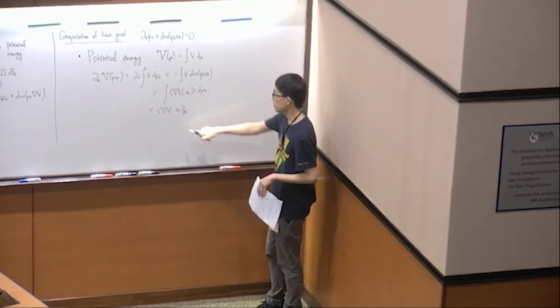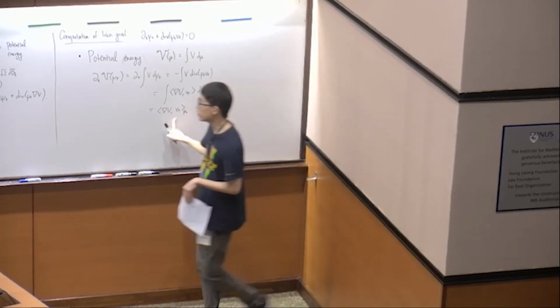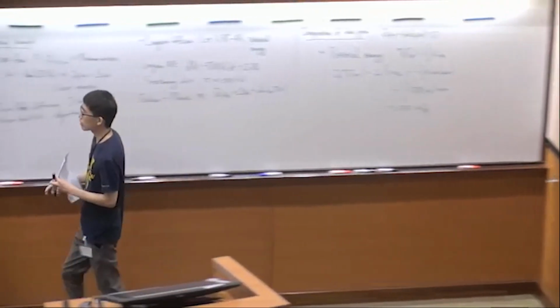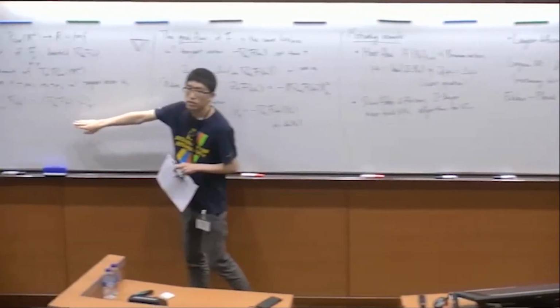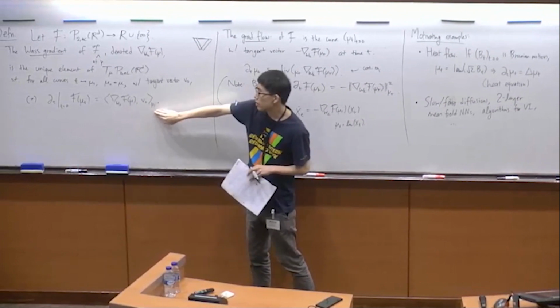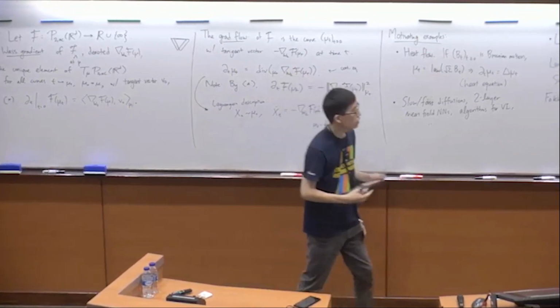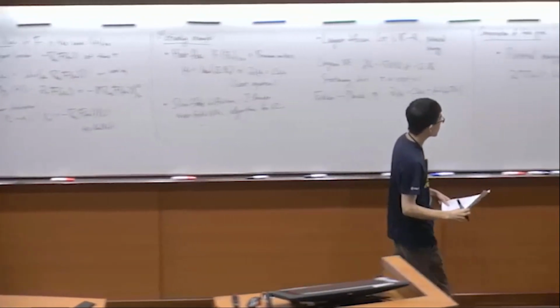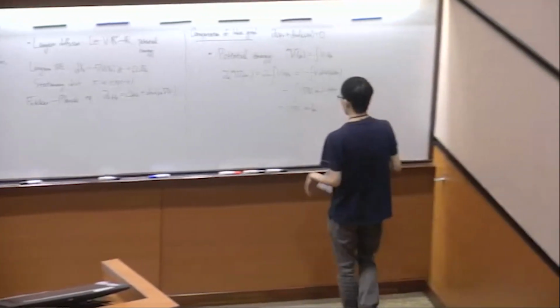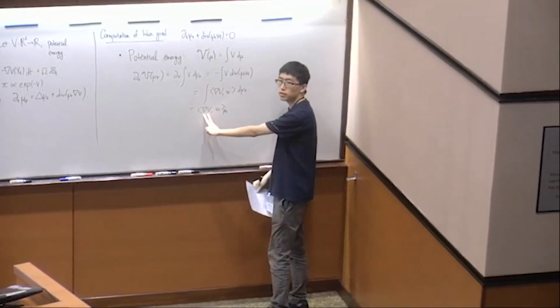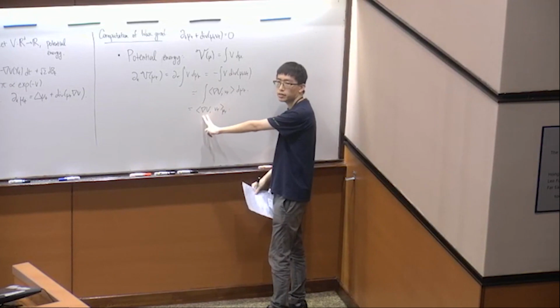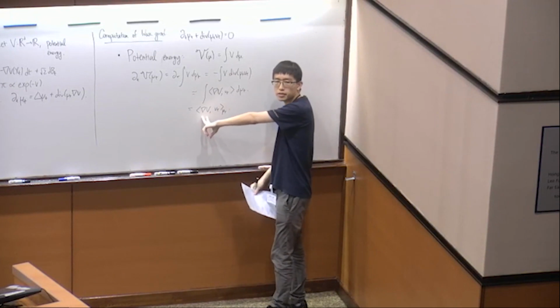Okay, so what does this tell us? If you compare this back with the definition of the gradient, we do have an inner product under the correct measure, mu t, at time t. So this quantity here is our candidate for what the Wasserstein gradient should be.